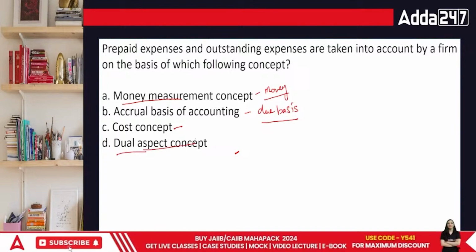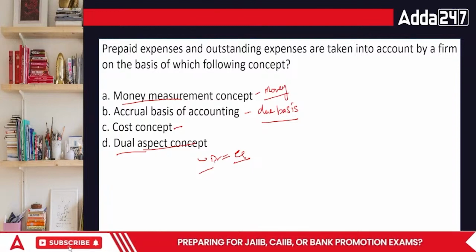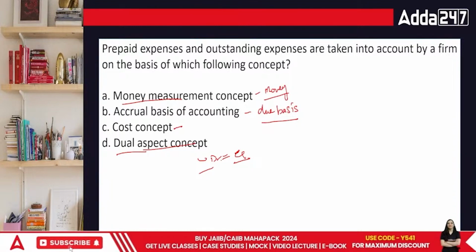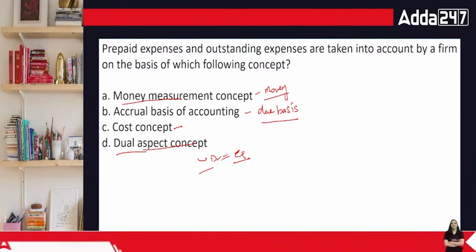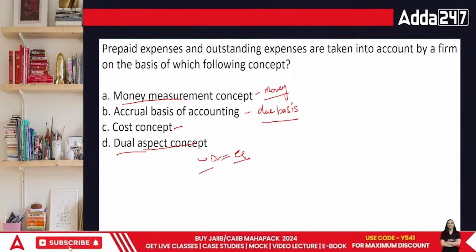And dual aspect talks about debit being equal to credit, also called the dual aspect concept, where assets equal liabilities plus capital. That is the basic accounting equation, also known as this equation as well.